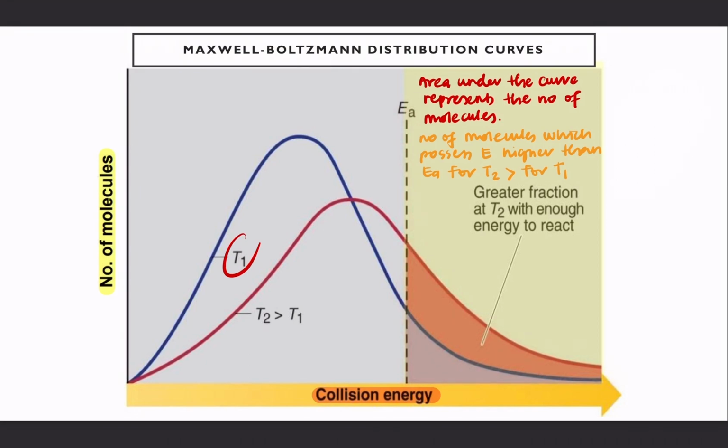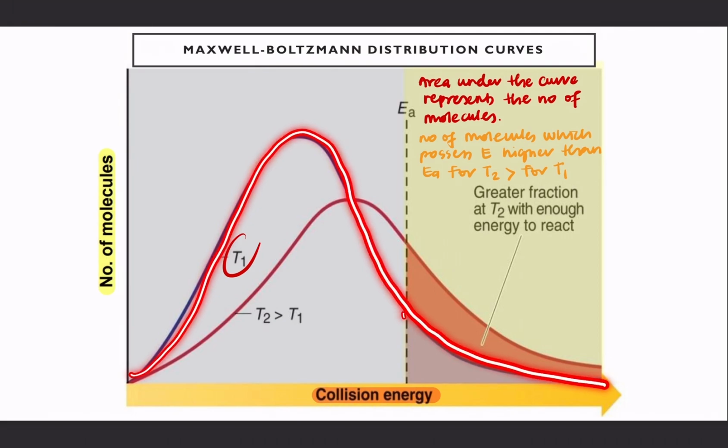So if you look at temperature 1's curve, this is the shaded area. This will be the amount of molecules for temperature T1 that will possess enough energy to form product, that will have effective collision.